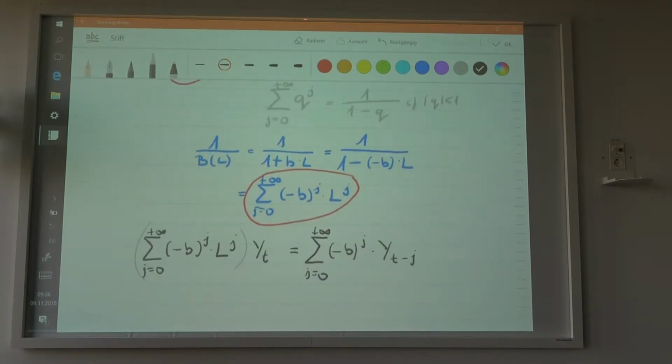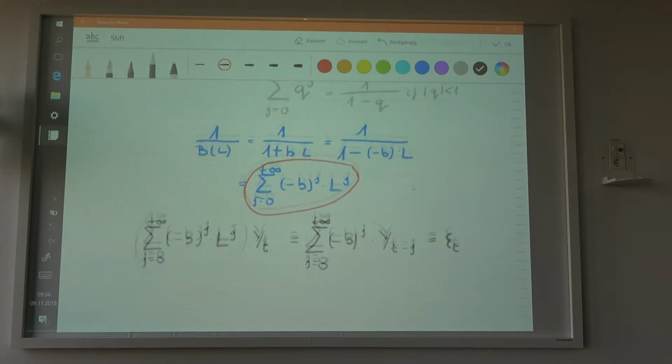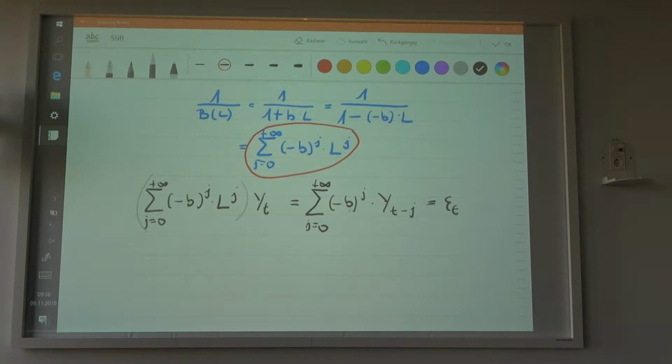Now, if I start at 0, then negative b to the power of 0 is going to be equal to 1, so I take out the first one.